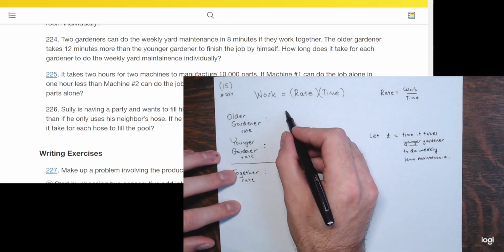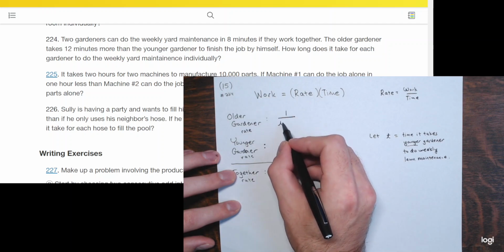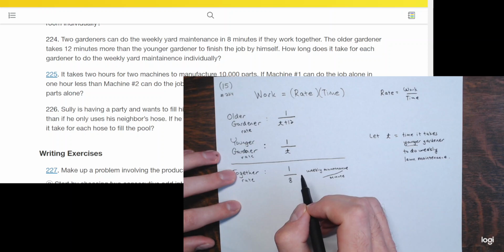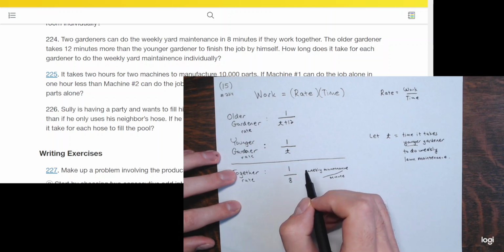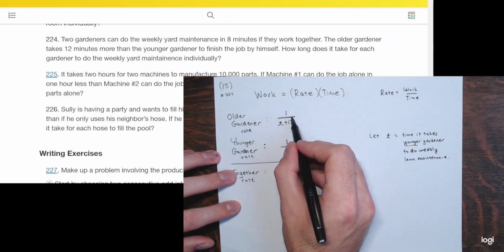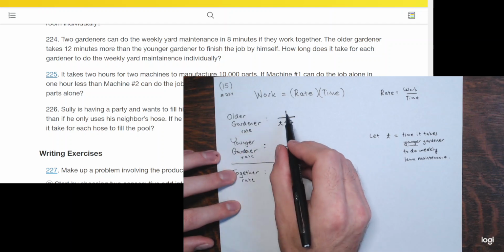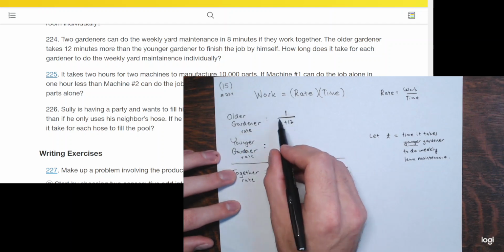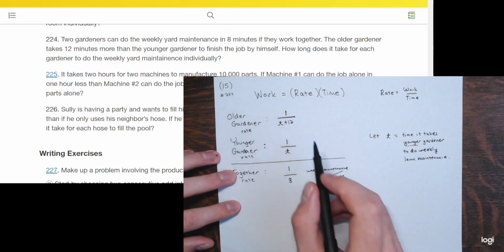And if T is the time it takes the younger gardener, the older gardener does it in T plus 12 minutes, because it says that the older gardener takes 12 more minutes than the younger gardener to finish the job by himself. So the rate at which the older gardener works is 1 weekly yard maintenance over the T plus 12 minutes it would take them.